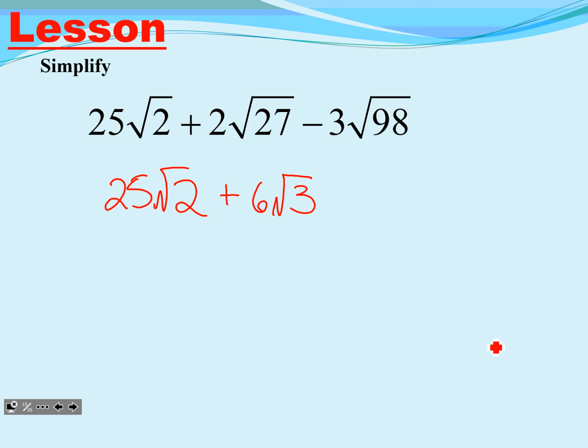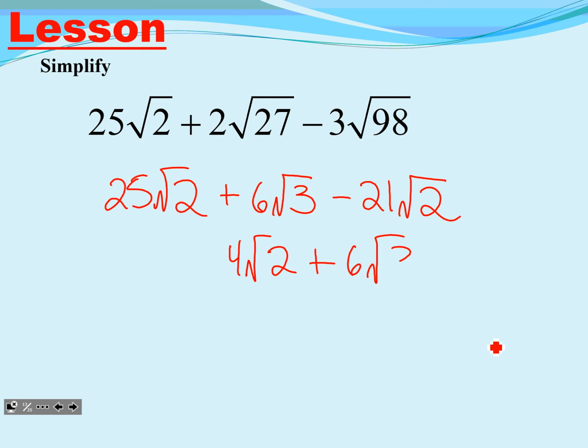So that eventually becomes 21 root 2. So now at this point, you should recognize that there are two like roots. 25 root 2 plus 6 root 3 minus 21 root 2. The root 2's are like, so my eventual answer will become 4 root 2 plus 6 root 3. And that's your answer.